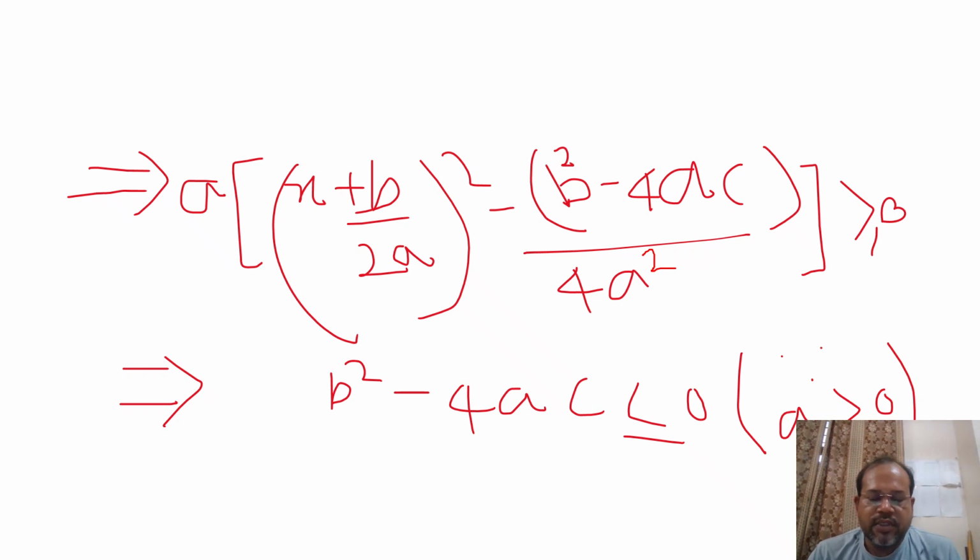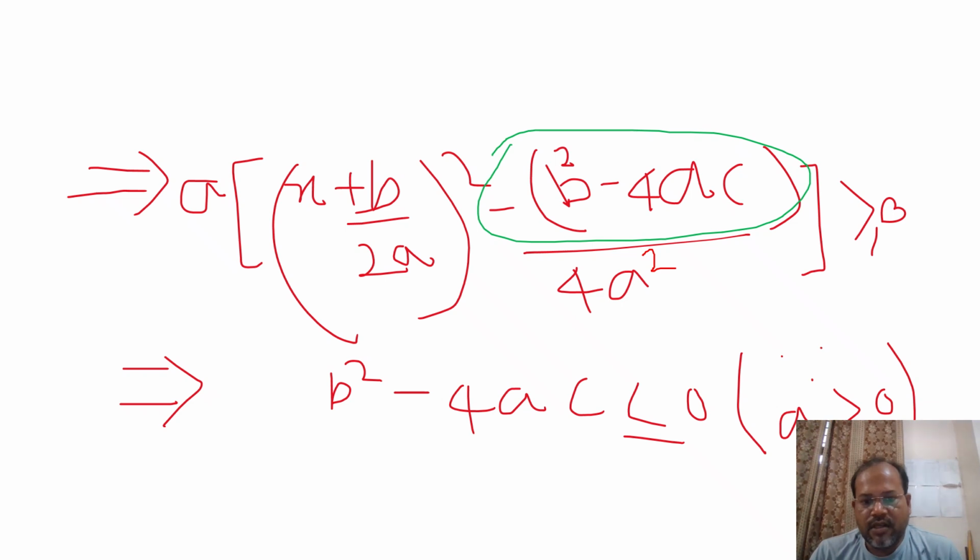The whole quantity is greater than or equal to 0, since a is greater than 0 and 4a square is also greater than 0. So if the whole quantity is to be positive, the bracket term must be negative or zero, which means b square minus 4ac should be less than or equal to 0.